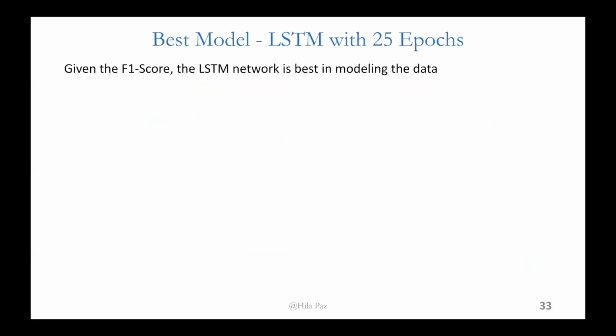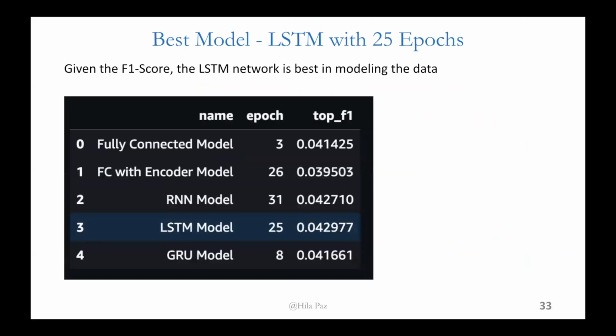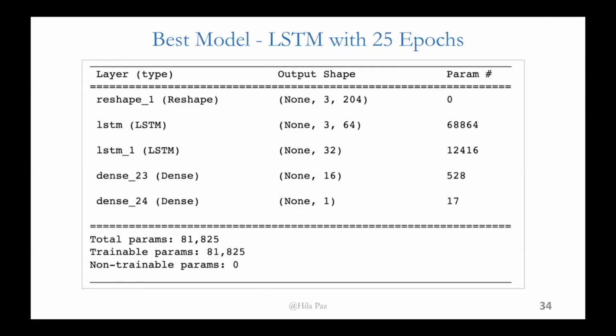In our case, the best performing model is the LSTM architecture in the 25th epoch. The architecture of this network is quite similar to the RNN, only changing the simple RNN layers to LSTM layers. This has a downside of, again, having too many trainable parameters.